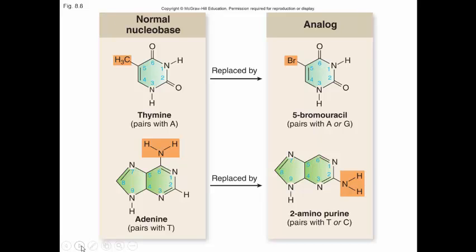Remember, A's with T's, C's with G's has a certain set number of hydrogen bonds to the complementary strand. Therefore, you start disrupting things and it can lead to mutations. An example is 5-bromouracil, and you can see that up on the chart. But you can also do this with other chemicals, 2-aminopurine, for example.